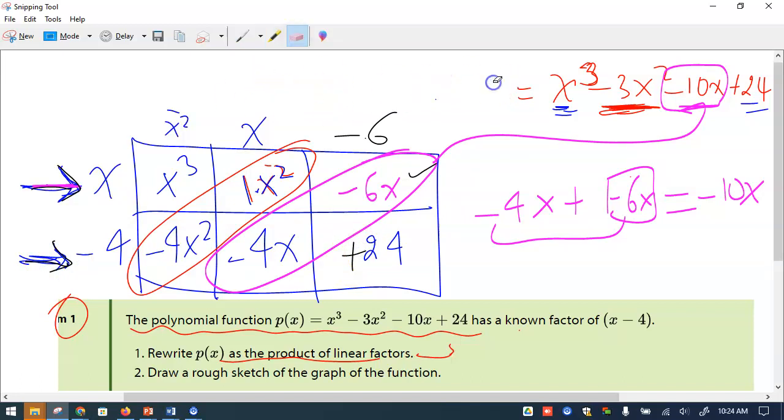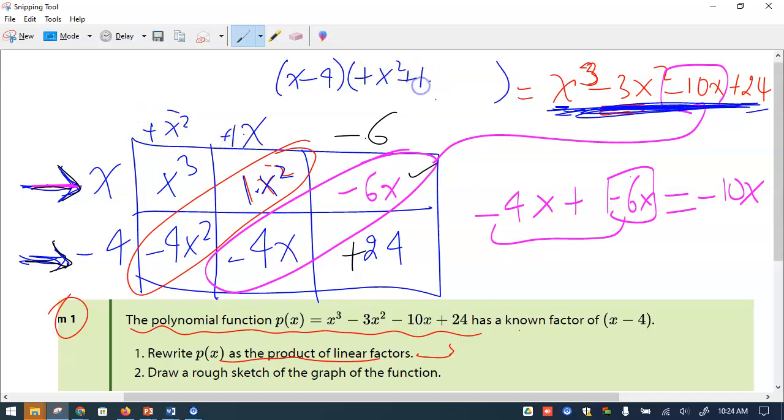First is x minus 4, and I ask what gives you this whole big cubic polynomial, and clearly the answer is x squared plus 1x minus 6. So there you go, the first part is done.